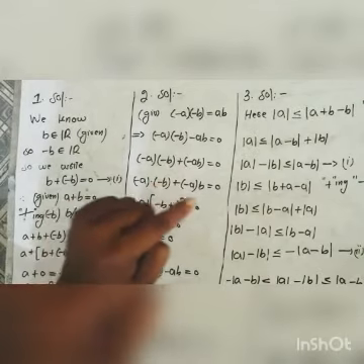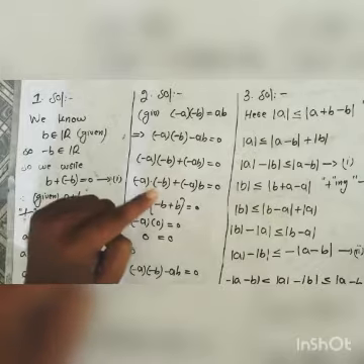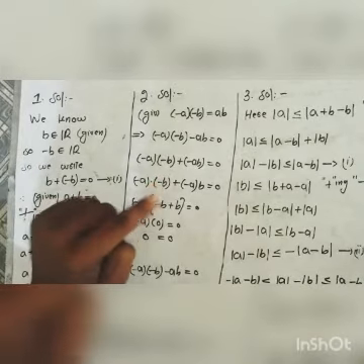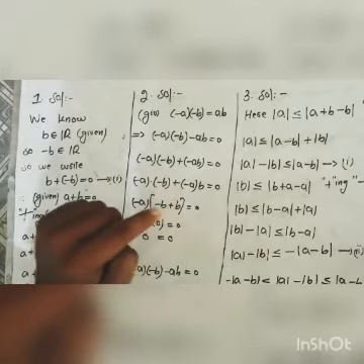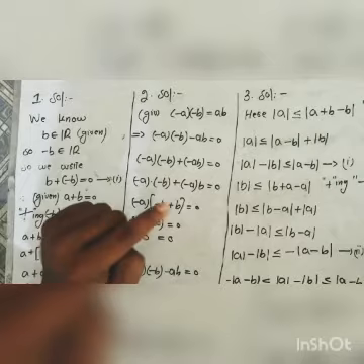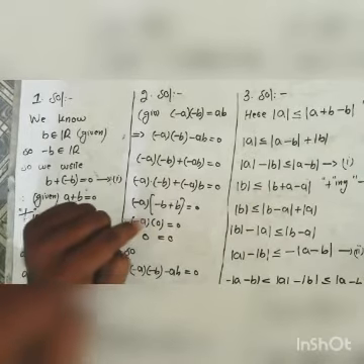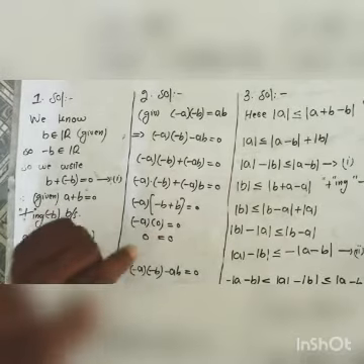In the whole equation we take minus A common. Then only minus B is left here and plus B is left here. So minus B plus B, the answer will be 0. So we put 0. When minus A is multiplied with 0, the answer will be 0. So 0 is equal to 0.